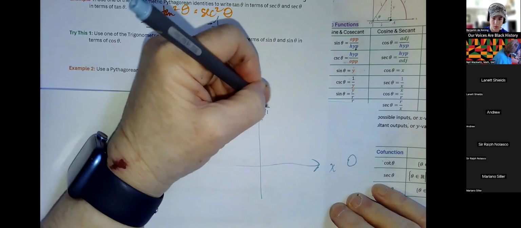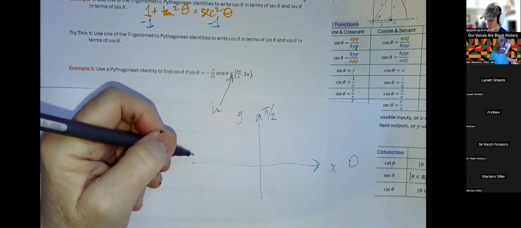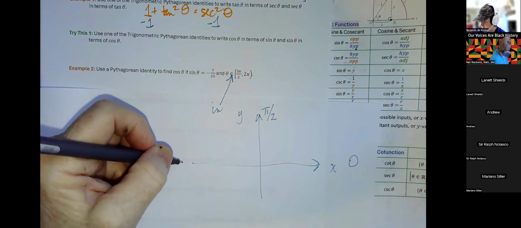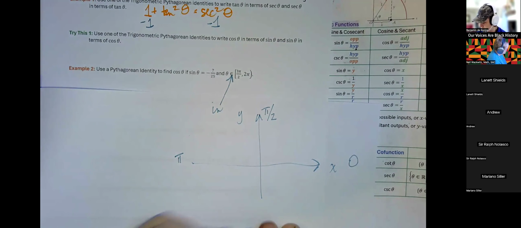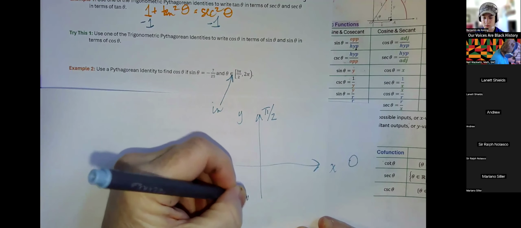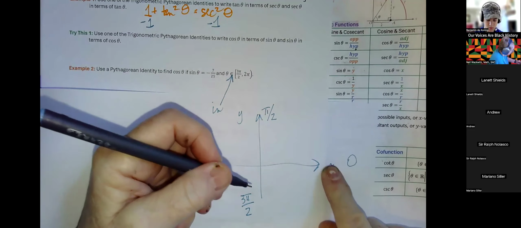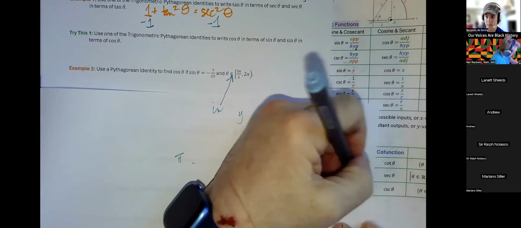Very good. And to the left? Pi. Beautiful. To the bottom? 3 pi over 2. And full circle? 2 pi. Beautiful.